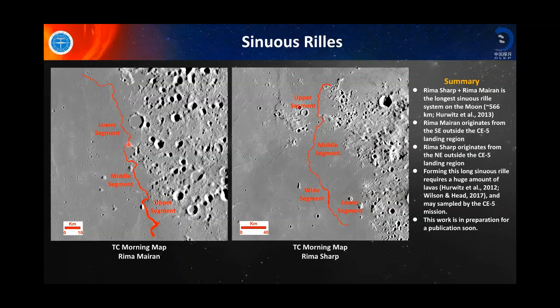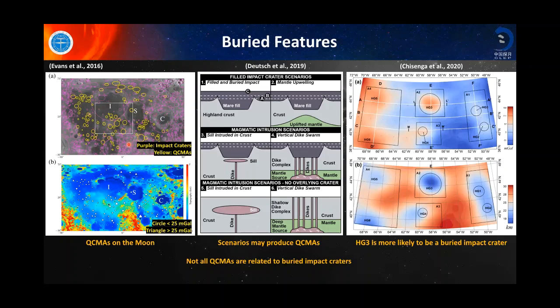Barrier features. There are lots of barrier features derived by gravity data in Oceanus Procellarum, and there are some concircular mass anomalies that were proposed by Evans, and actually there are some concircular mass anomalies within the Chang'e-5 landing region, but we cannot always interpret these quasi-circular mass anomalies as buried impact craters, because in a recent work by Eric Deutsch, she proposed that there are at least 6 scenarios that can produce quasi-circular mass anomalies.